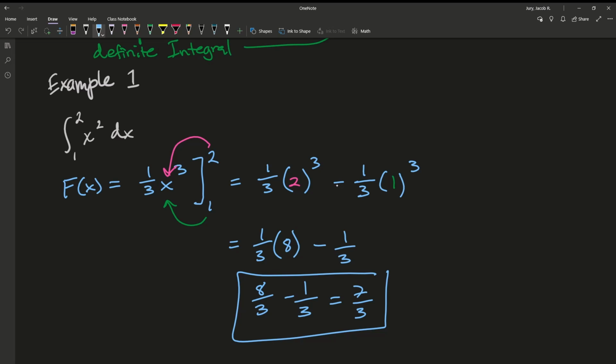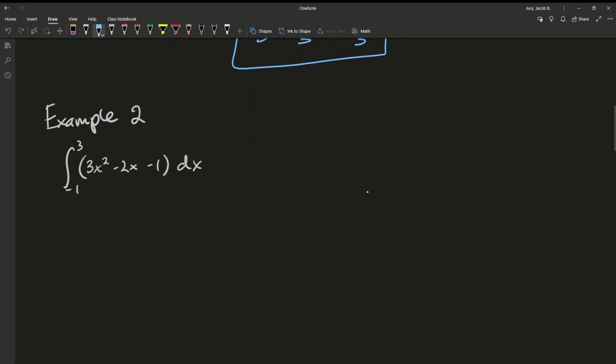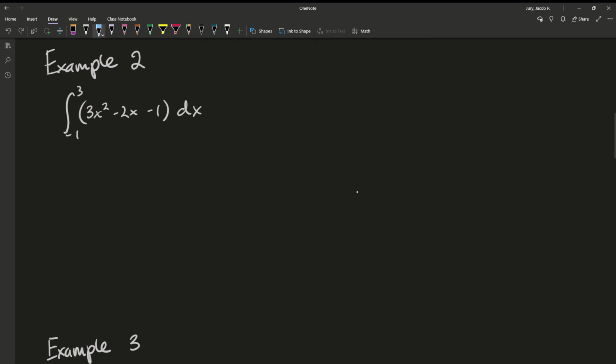So for these next examples, what I recommend is write this down and see if you can evaluate these examples as I go, or by pausing the video and then trying it for yourself. So I'm going to get into this one. The integral function is x cubed minus x squared.